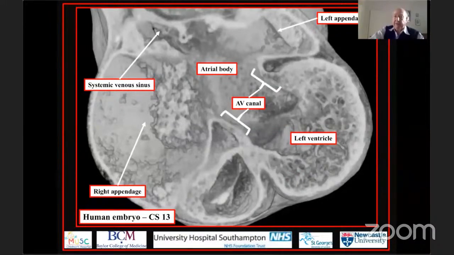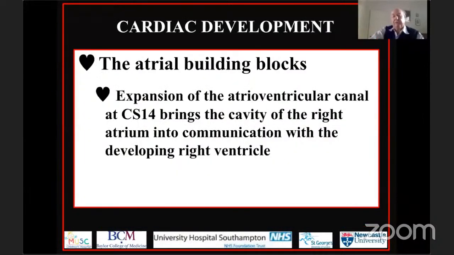So another key stage that has to take place is expansion of the atrioventricular canal, because it is expansion of the atrioventricular canal that brings the cavity of the right atrium into communication with the right ventricle, and it is that expansion that will form the inlet of the right ventricle.